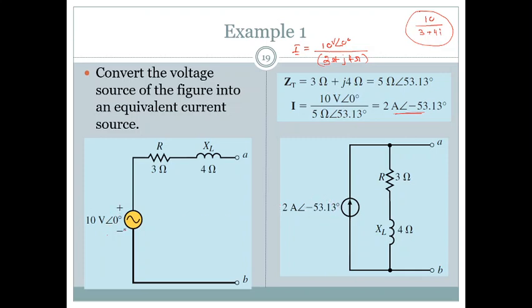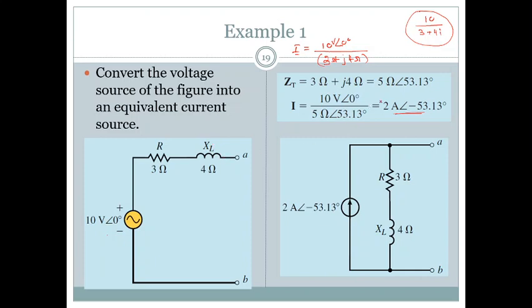However, when it comes to impedances, although it is not necessary at all, we prefer to keep it in the Cartesian form, so that we can actually distinguish between the resistive component and the reactive component. It is easier for us to understand the behavior of the circuit, right? Not mandatory though.